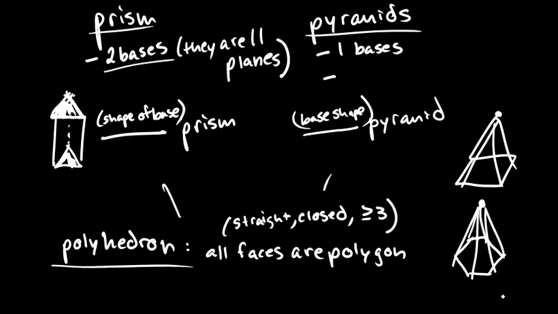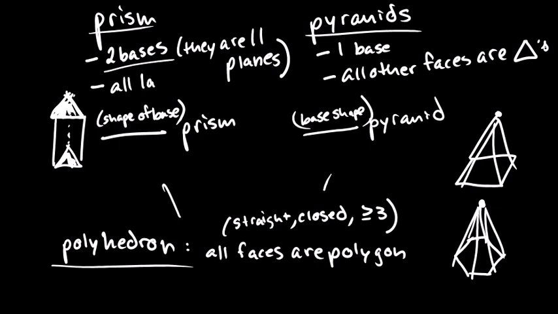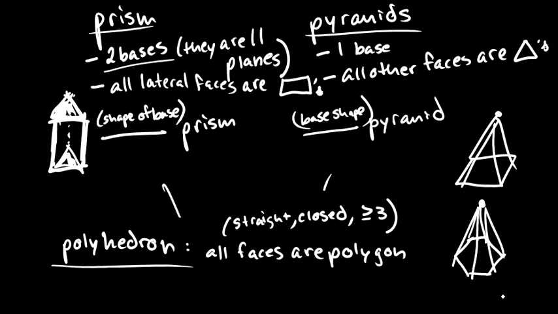All other faces other than the base are triangles. And in a prism, all lateral faces are, let's look at it, what is the shape? It's a rectangle. Rectangles.